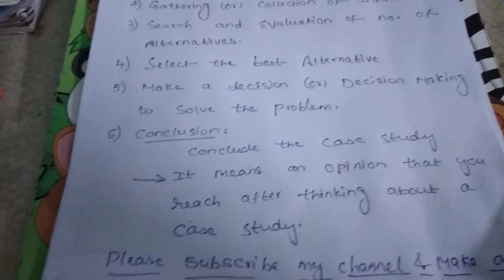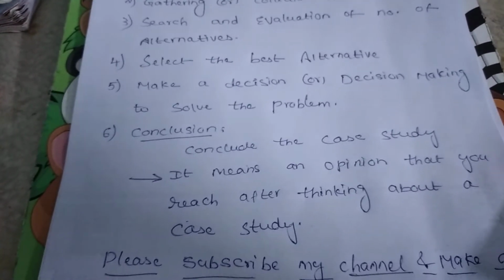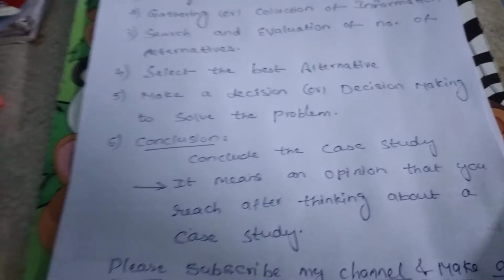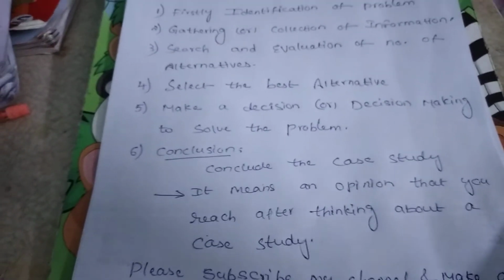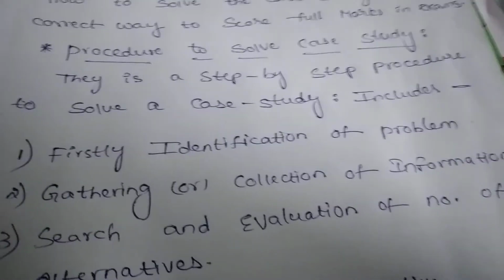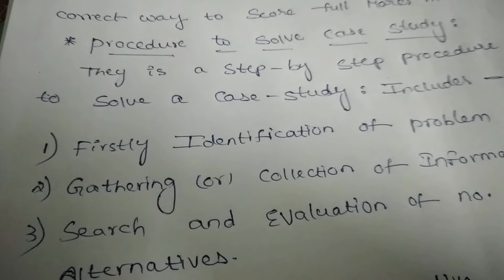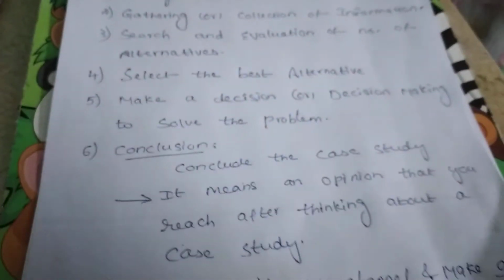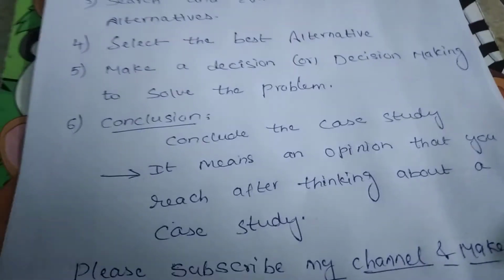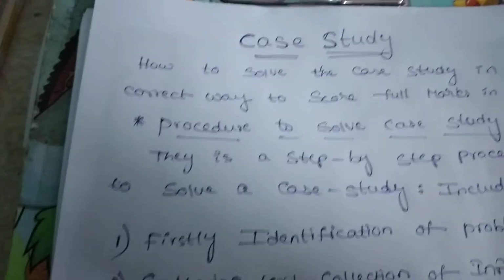If the decision making is not correct, again the organization will go to losses. Based upon the identification of the problem, we have to take a good decision. If you do not take a good decision, it affects the smooth and successful running of the organization. This is all about the case study.